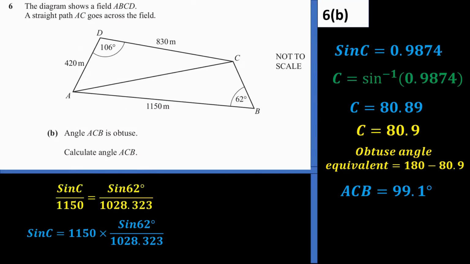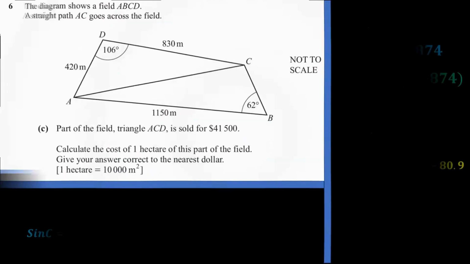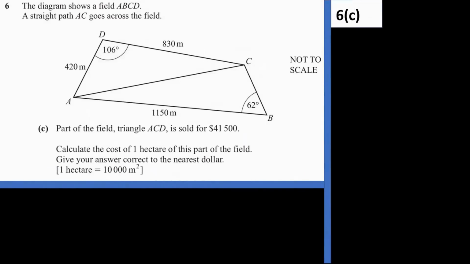All right, so we take part C of question number 6. It says part of the field, triangle ACD, is sold for $41,500. Calculate the cost of 1 hectare of this part of the field, giving your answer correct to the nearest dollar.